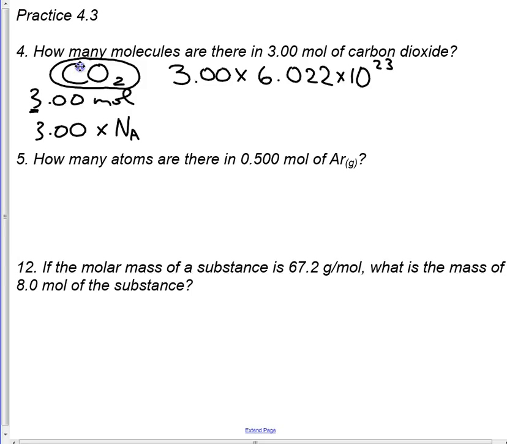Avogadro's number actually has units. This number would have units of moles, and the second number would have units of particles per mole, because that's what it is. That's 1 mole has that many particles on Avogadro's number scale. So we're simply looking at the product involved there, and it's got a base 10 exponent.